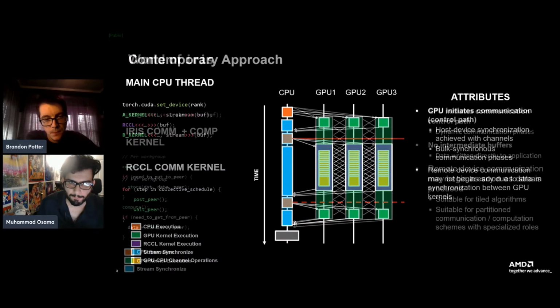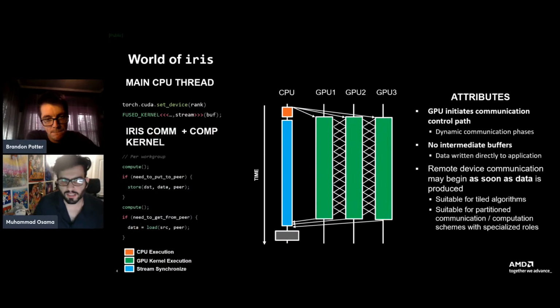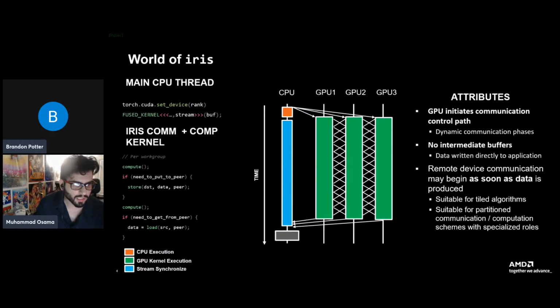Within Iris, the code would look like this small snippet on the left-hand side, where you're really within a kernel. You're doing some compute at a workgroup level or thread block level granularity. And if you need to do multi-GPU communication after you've done that compute, it really is a simple store or load.